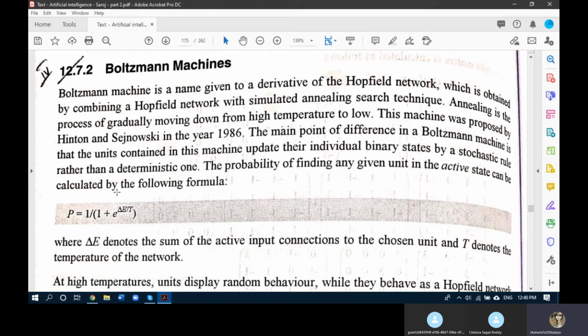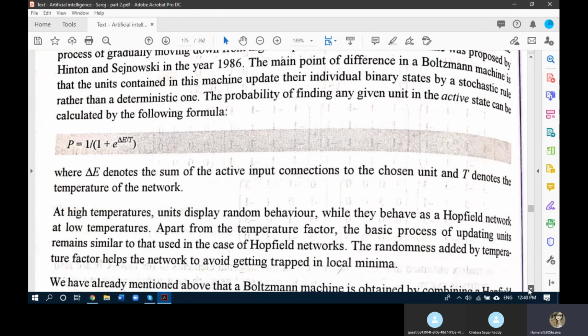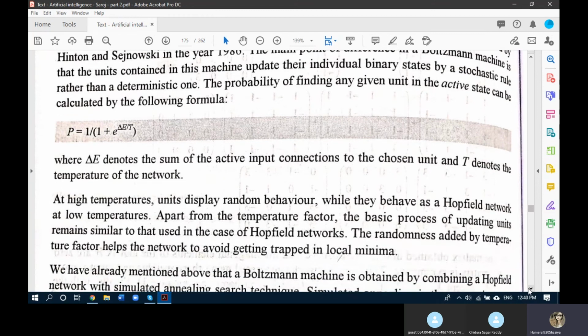That is deterministic. Boltzmann machine uses a stochastic rule for updating the weights, which primarily means that there is no fixed rule for updation.